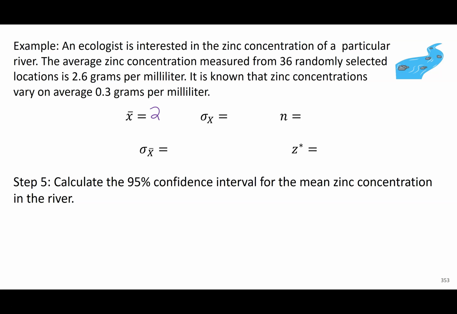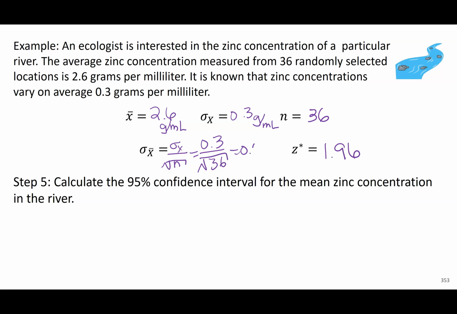So putting all this in here: 2.6 grams per milliliter, 0.3 grams per milliliter, 36, 1.96. Just rewriting this, 0.3 over the square root of 36 is 0.05. So there are all my parts that I'm going to need.